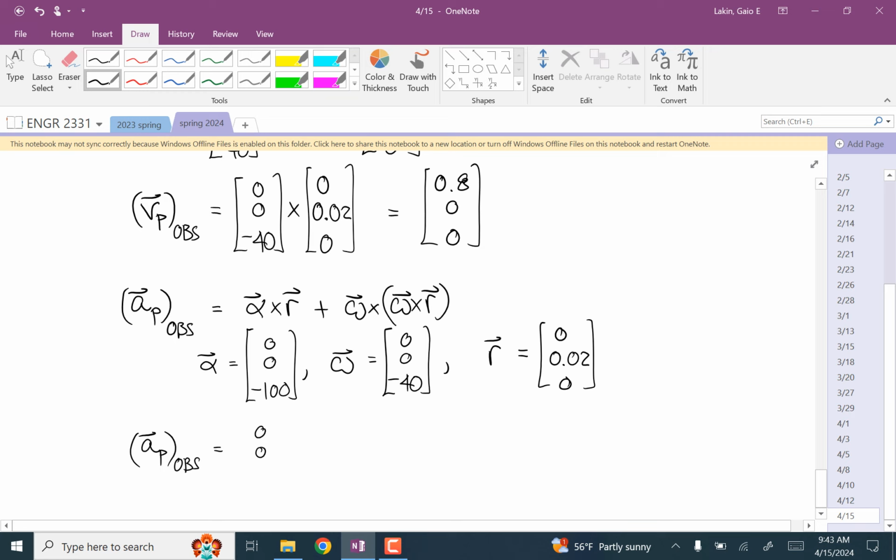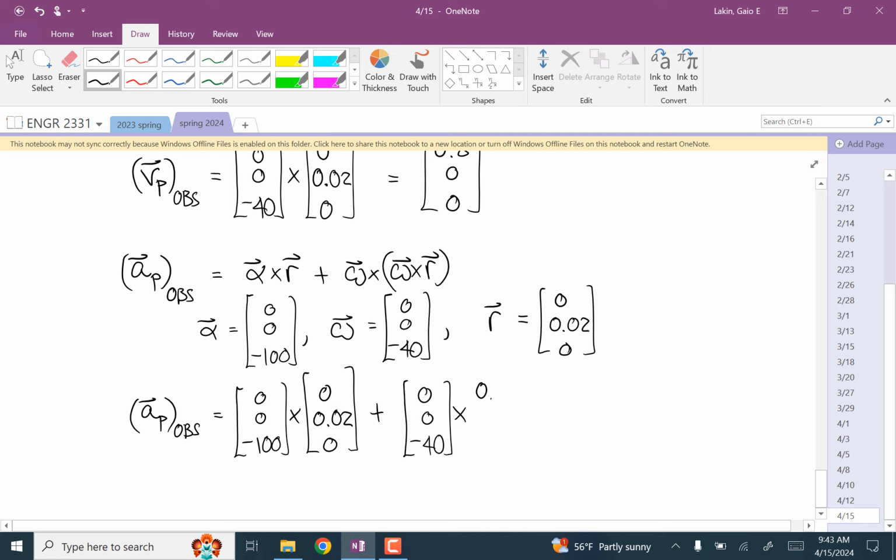So this is 0, 0, negative 100 crossed with 0.020, plus 0, 0, negative 40 crossed with what we got in the last one, 0.800.